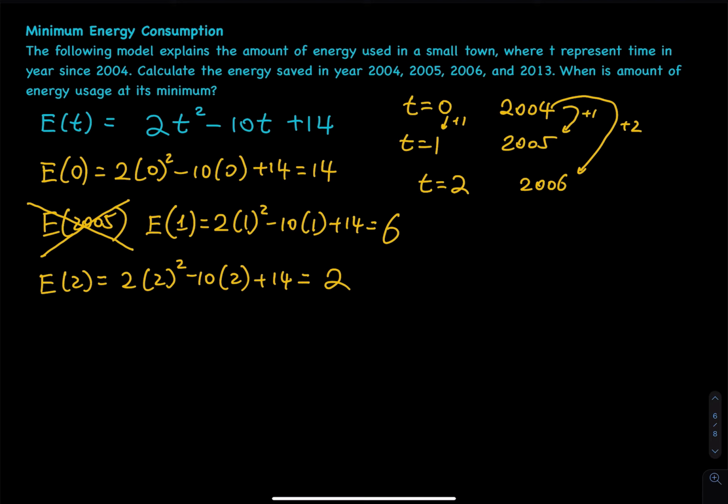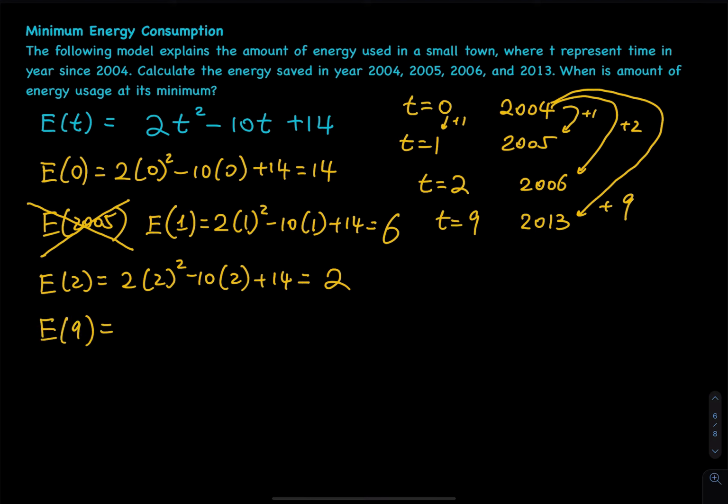And then how about 2013? From 2004 to 2013, that is 9 years later, right? So we have to add 9 to it. So 0 plus 9, that is t equals 9. And then you have to find E of 9.